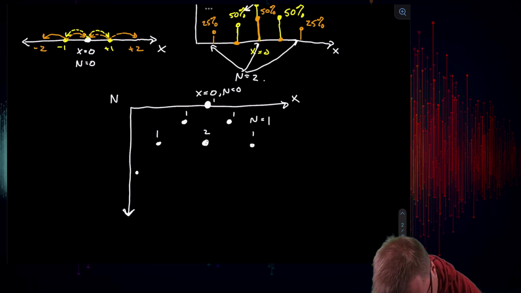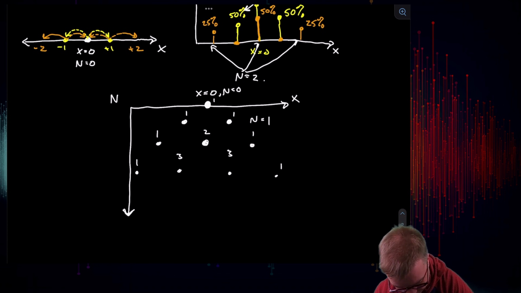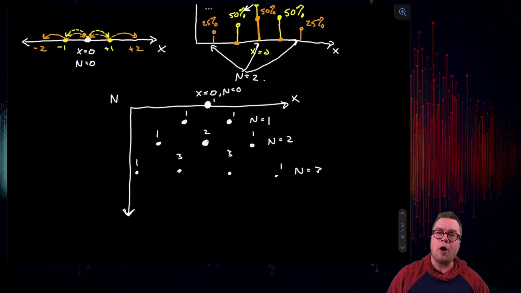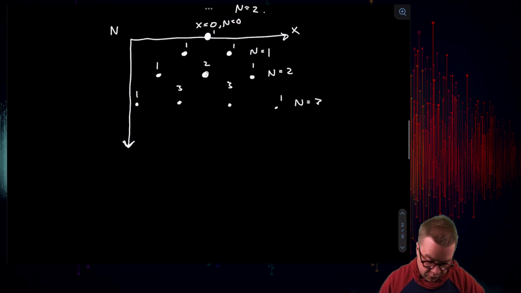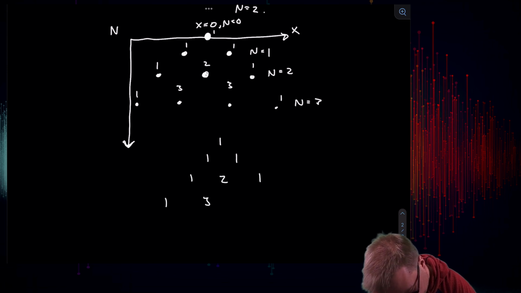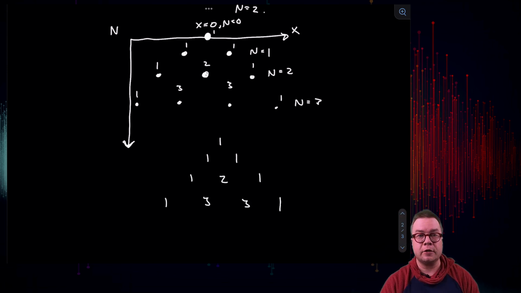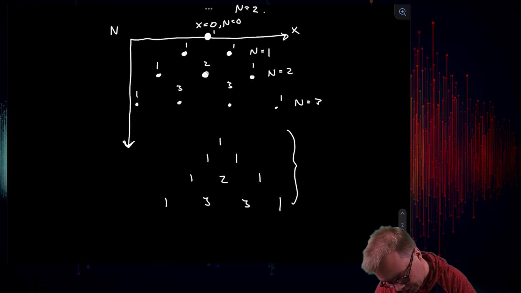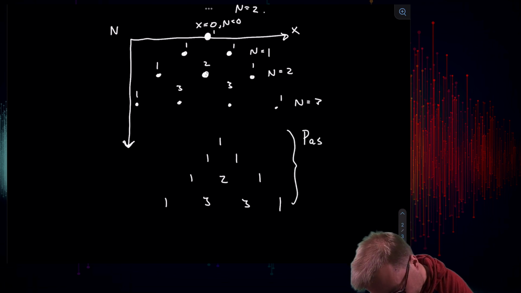So eventually you'd get 1, 3, 3, 1 for these different positions. This would be n equals 2. This would be n equals 3. And we can go on and on. And what you noticed in class is that this looks a lot like Pascal's triangle. So this is similar to Pascal's triangle.